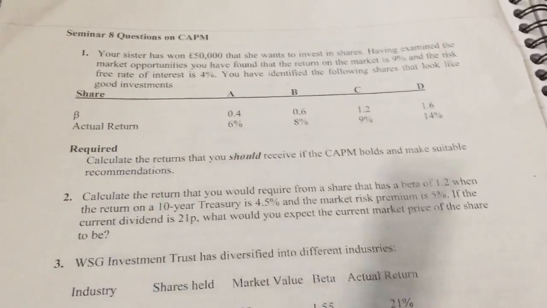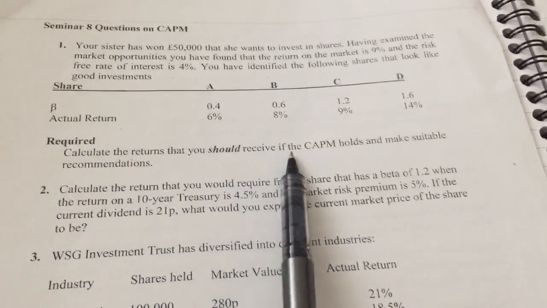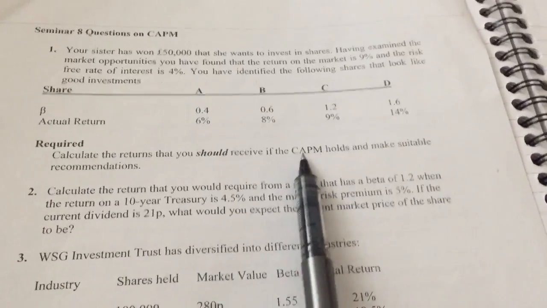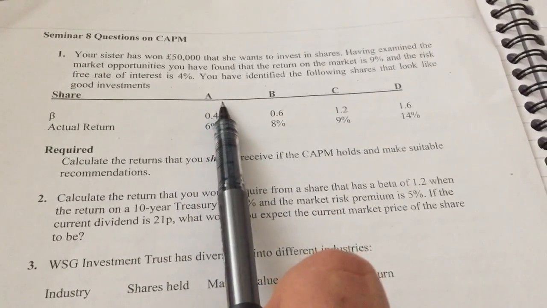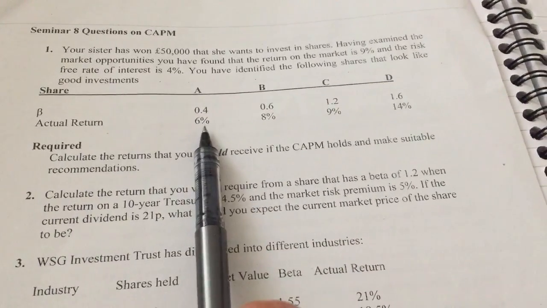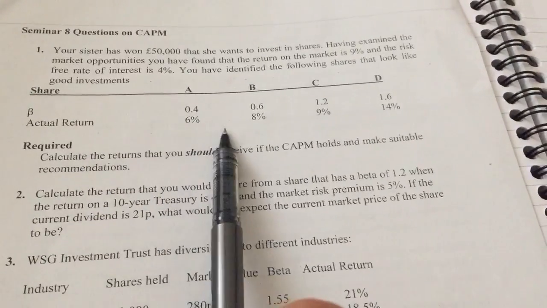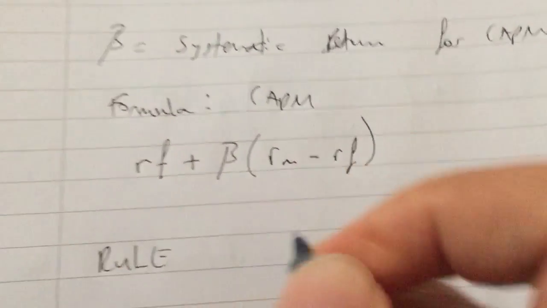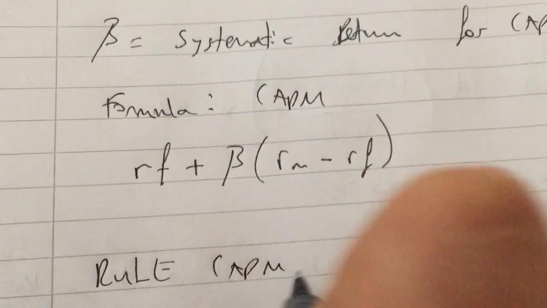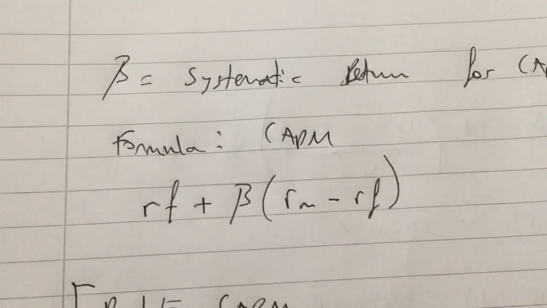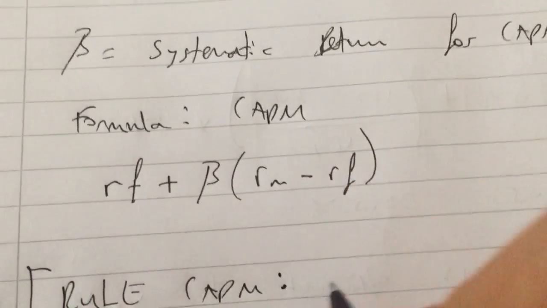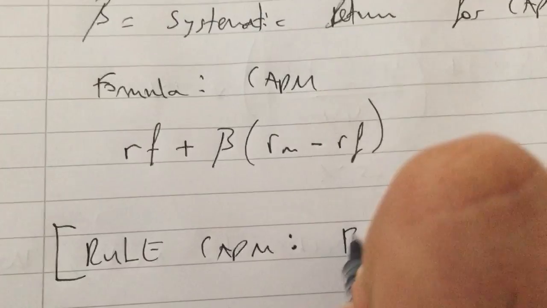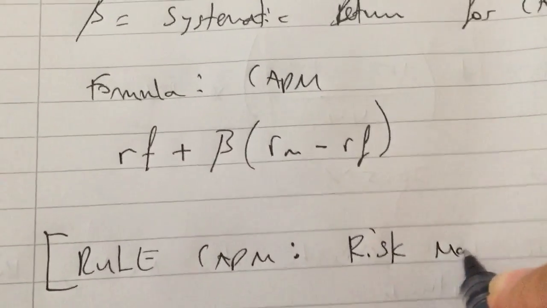We want to calculate the returns that you would receive if CAPM holds. For share A, the beta is 0.4 and the actual return is 6%. There's one really important rule that you have to remember for CAPM: the risk of the market is always 1.